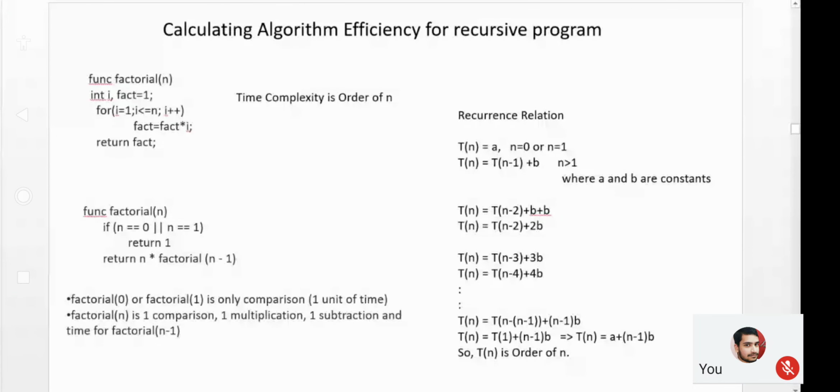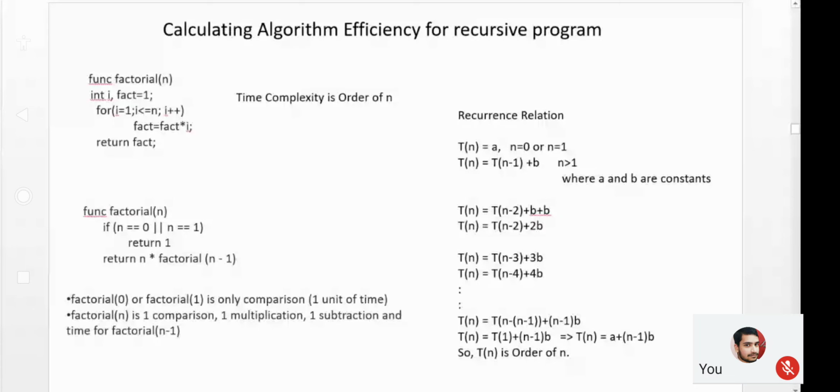So for each and every recursive function, first you have to write the recurrence relation. This recurrence relation belongs to the base condition or terminal condition. Every recursive function must have a base condition. Here the base condition is: if the value of n is either 0 or 1, it takes constant time.